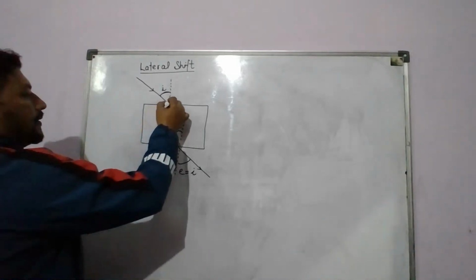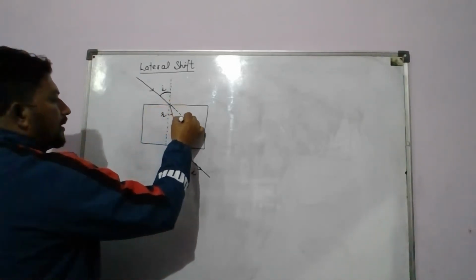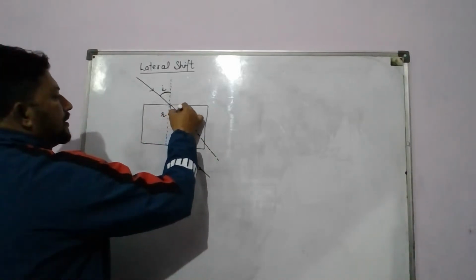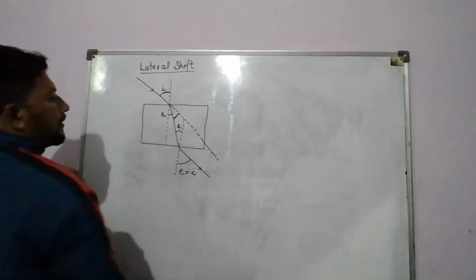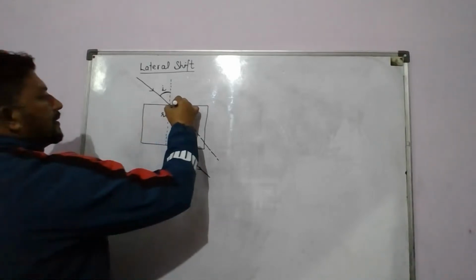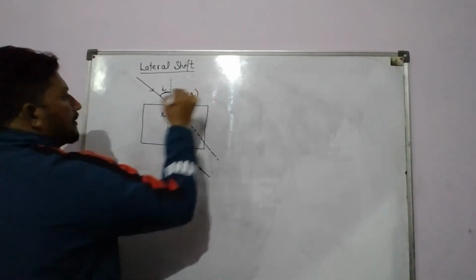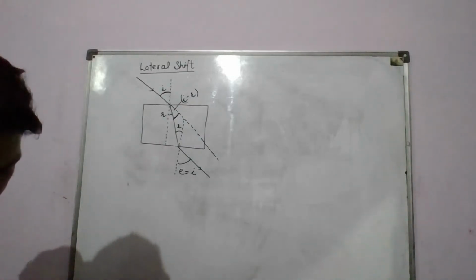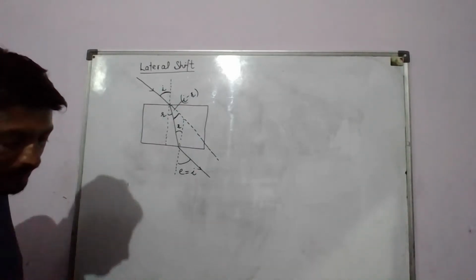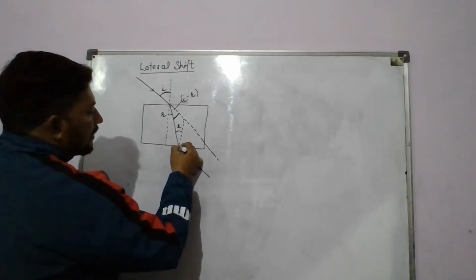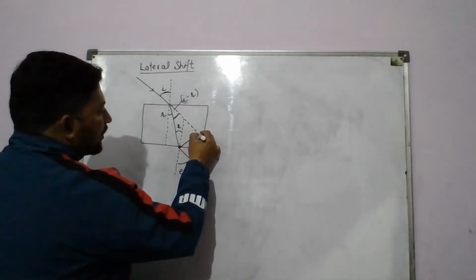After that, a parallel ray. This angle is I minus R. This angle is I minus R. Now we draw a perpendicular from the refracted or emergent ray.